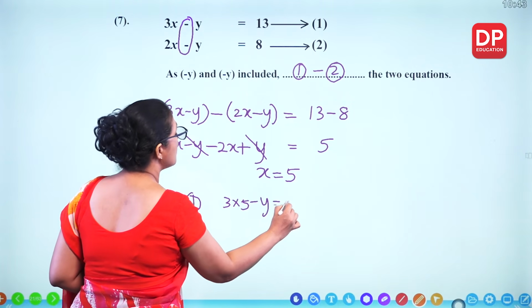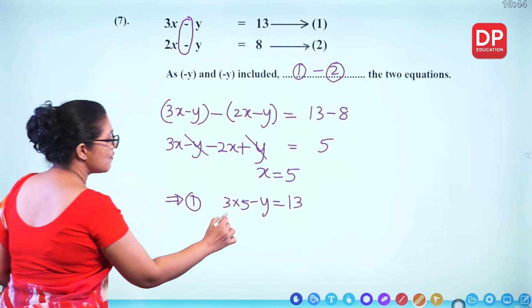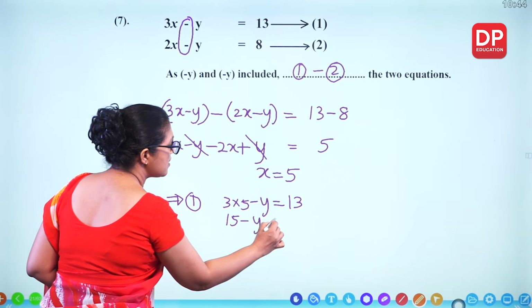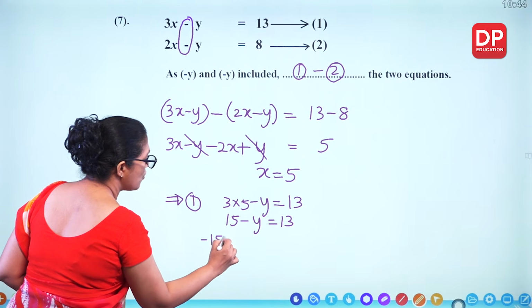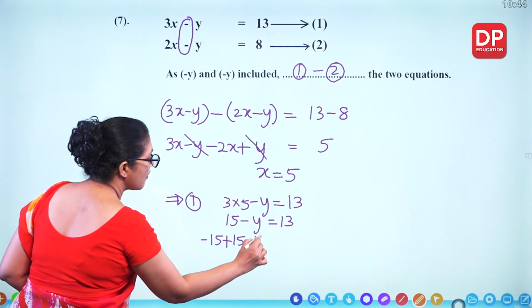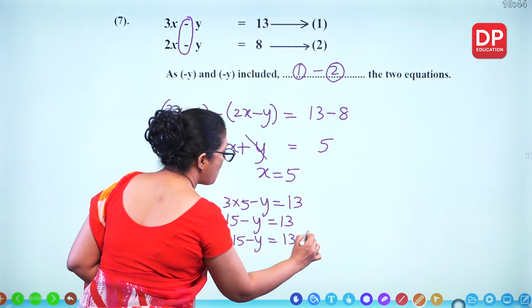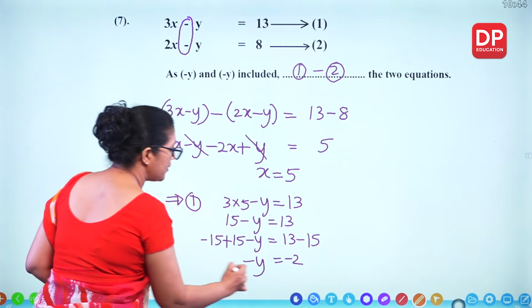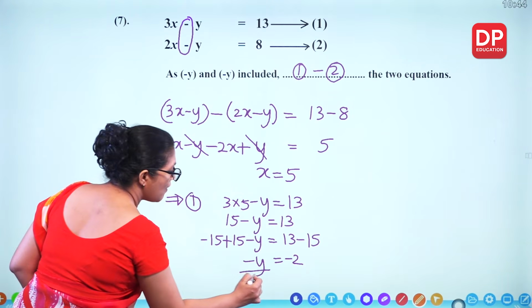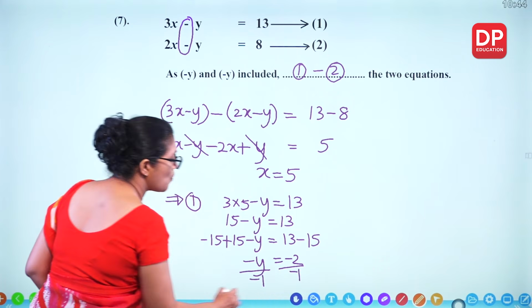Now we'll take one of the equations and substitute. 3 times 5 minus y equals 13. 15 minus y equals 13. Subtract 15 from both sides. You get minus 2 here. This is minus y. Divide both sides by minus 1.